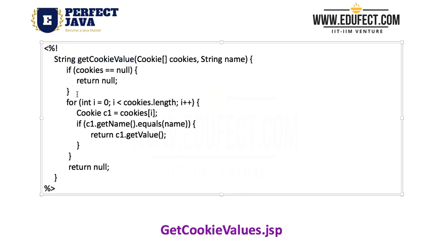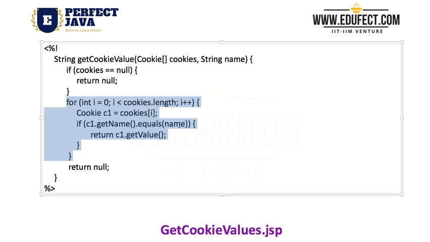If you look at the function, what are we doing? We are first checking whether this array is null or not. If this array is null, we will return null because there was no cookie found. If the array is not null, we are going through all the items in the array.